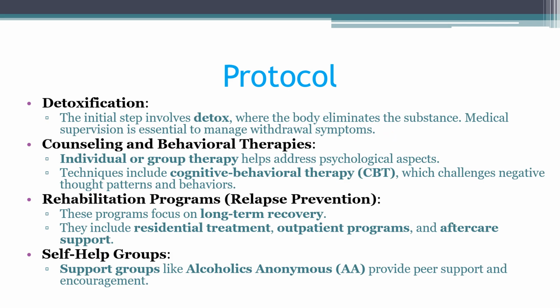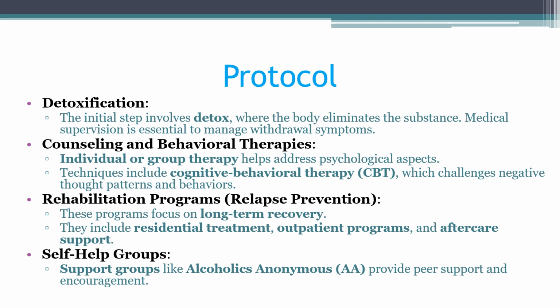Now coming to dependence: how the dependent patient is treated, or how the process of de-addiction happens. The protocol is that the person is first detoxified, and the body cleansing of the substance is done, which is known as detox or detoxification.